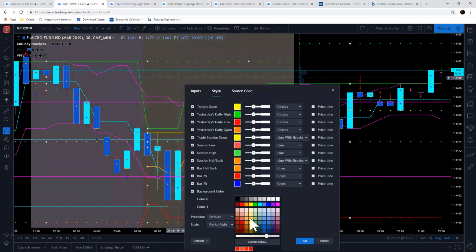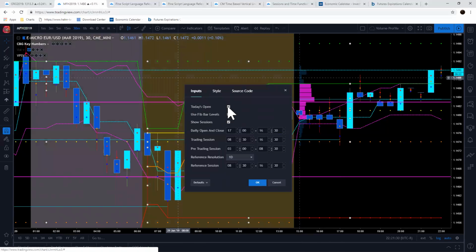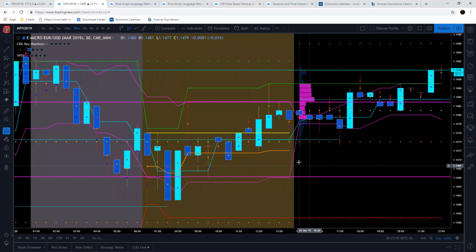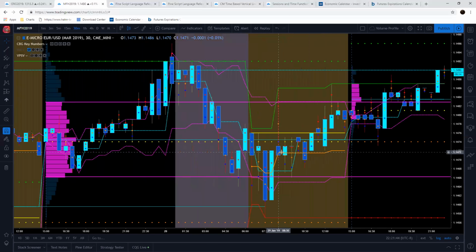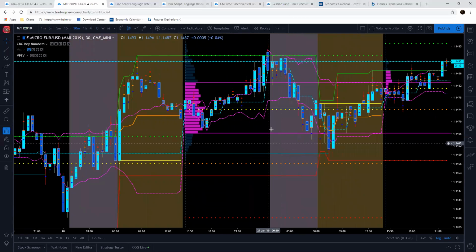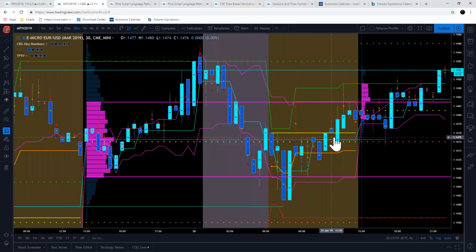You could adjust those colors, and that goes on the reference session. It uses the pre-trading session and then the trading session, with these time parameters, so you could set up your time. It looks kind of cool, but the reason I don't like to use it is because while I'm in a trade, I find the background colors distracting. But that's why I made it a parameter.